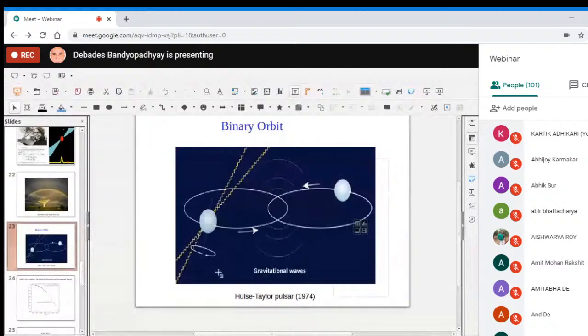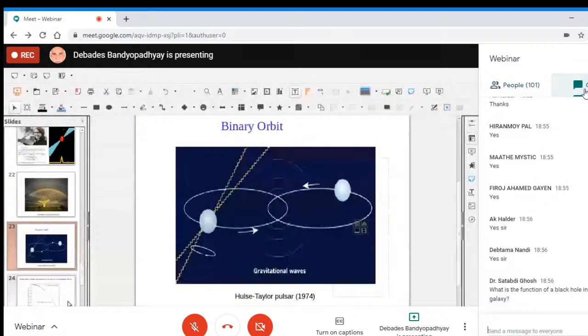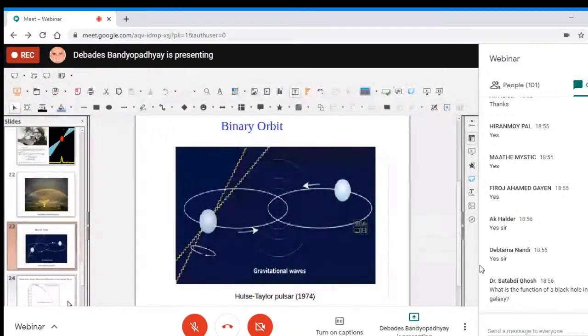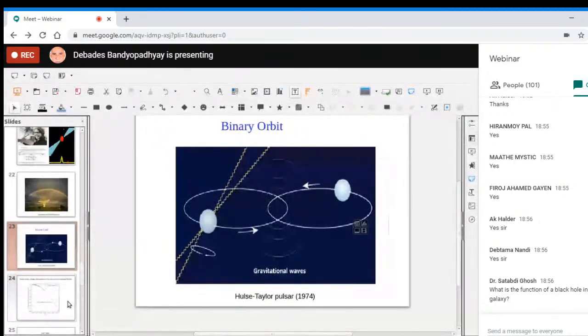One can estimate, because these individual objects are radiating not only electromagnetic waves, they are radiating gravitational waves too. So one can actually indirectly measure the gravitational waves from studying this kind of neutron star binary system, particularly this Hulse-Taylor.